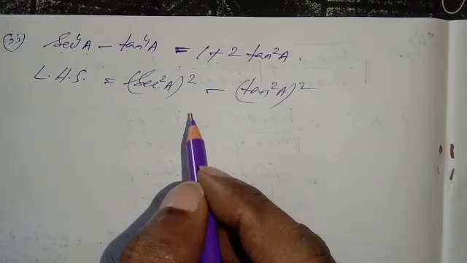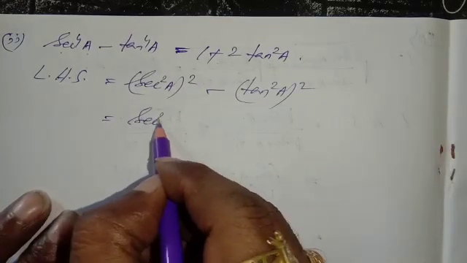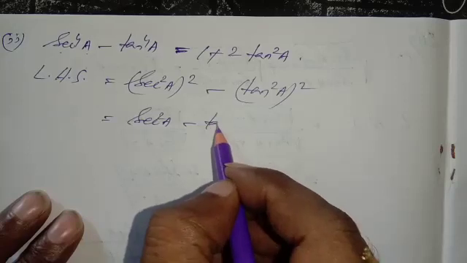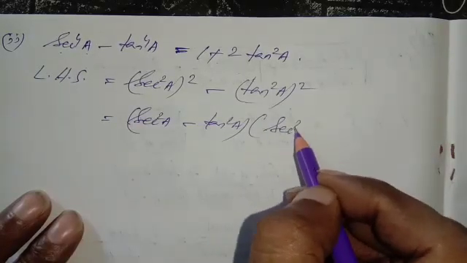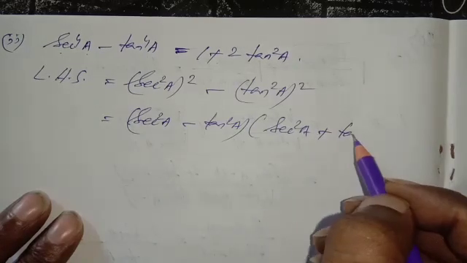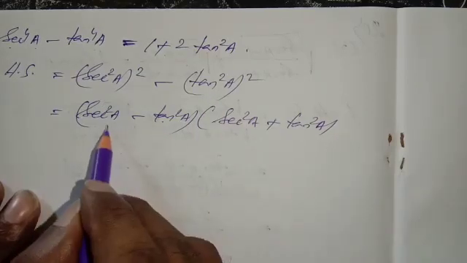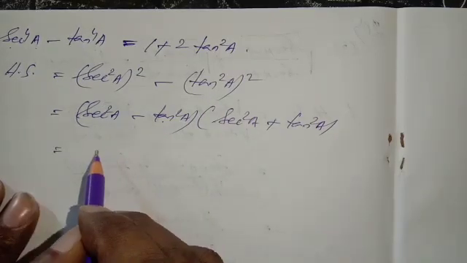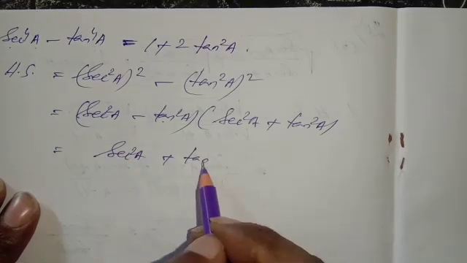Just apply a square minus b square formula, that is a minus b whole into a plus b: sec square A minus tan square A, into sec square A plus tan square A. Sec square A minus tan square A is 1.